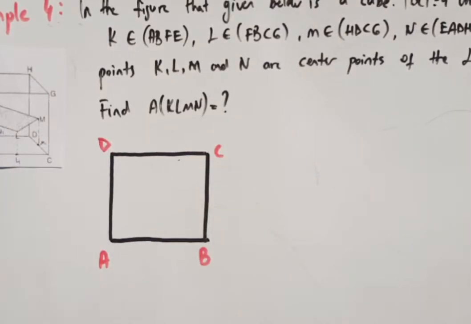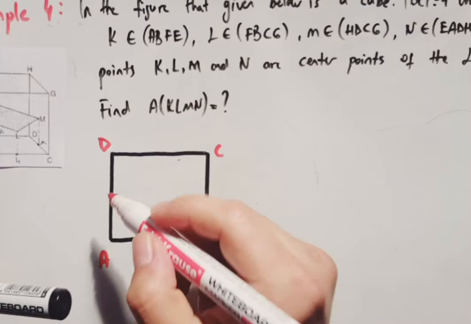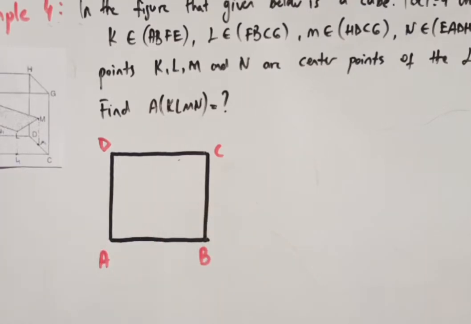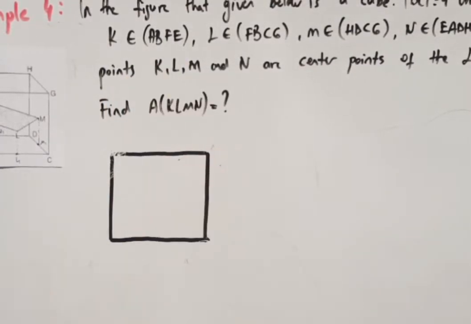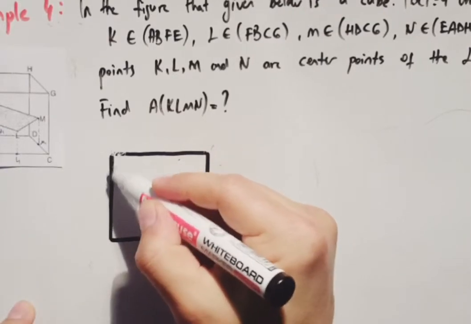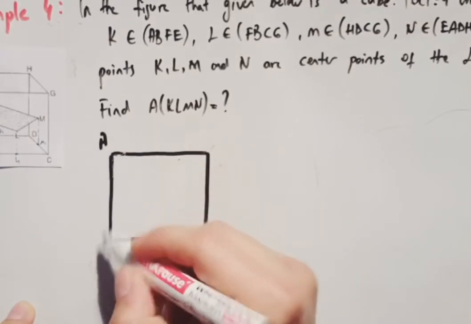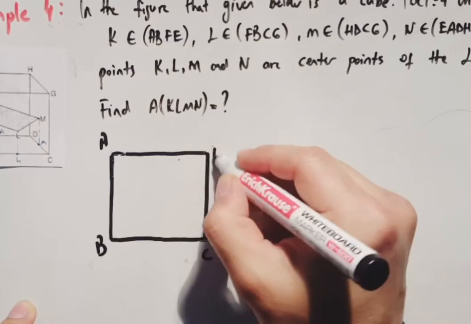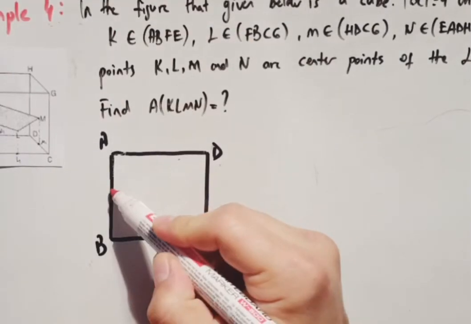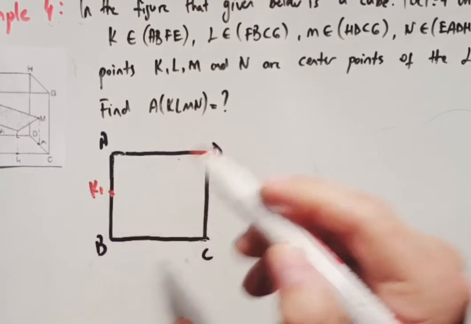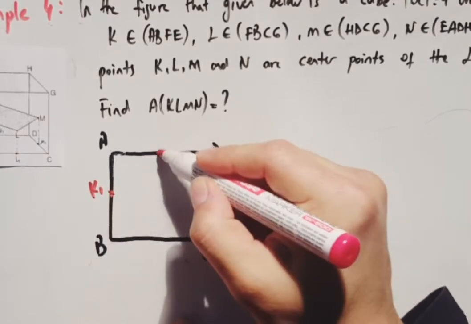This is the lower base, and the point K1 is, I'm sorry, on AB. Let me change the vertex points here. So it's A, B, C, and D. The point K1 is here, and N1 is here.